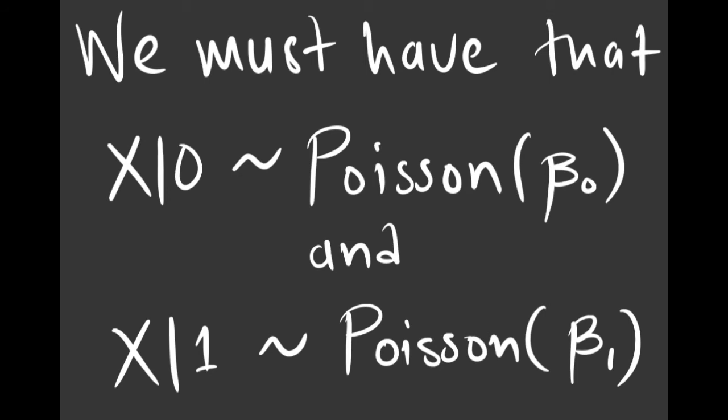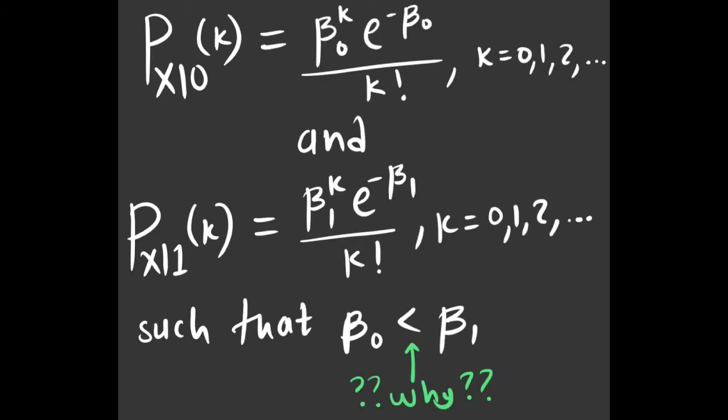We can actually show through a quantum mechanical argument that these two PMFs should be those of Poisson random variables. Note that when a binary 0 is sent, a relatively low number of electrons is typically observed, whereas, when a 1 is sent, a higher number of electrons is typically counted.